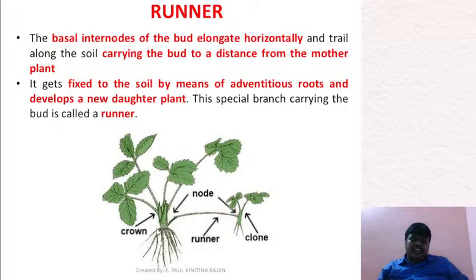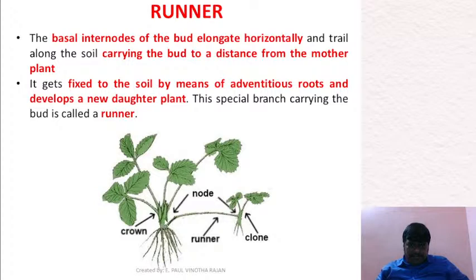In the basal internodal region, the branch arises. And the branch grows horizontally and moves away from the mother plant. And there, it develops the other plant. The daughter plants are formed. This is the mother plant.